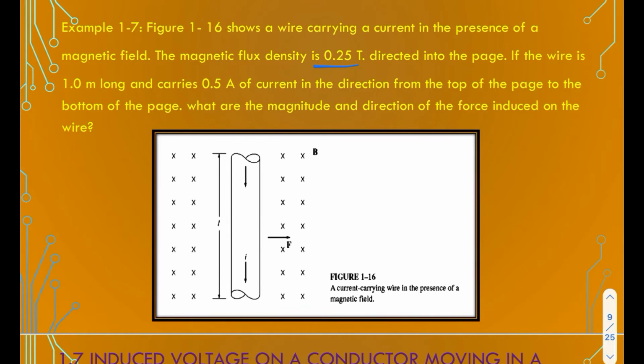The wire is 1 meter long and carries 0.5 ampere of current in the direction from the top of the page to the bottom of the page. What are the magnitude and direction of the force induced on the wire?